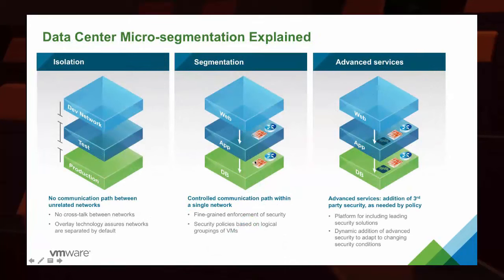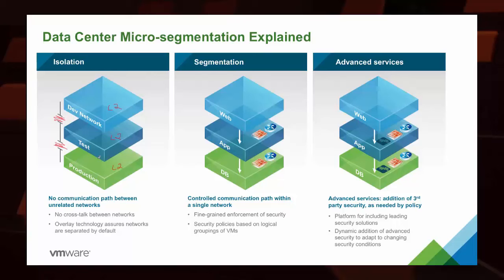In the last session, we talked about the steps which NSX allows us to grow, moving from a place where we simply have isolation, being able to have the exact same layer 2 network replicated multiple times, and ensuring that we have no crosstalk between networks. And this alone is huge for a lot of infrastructures.